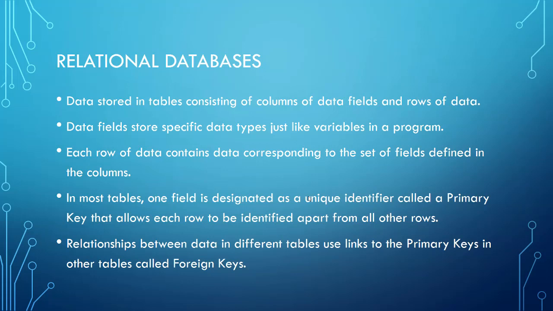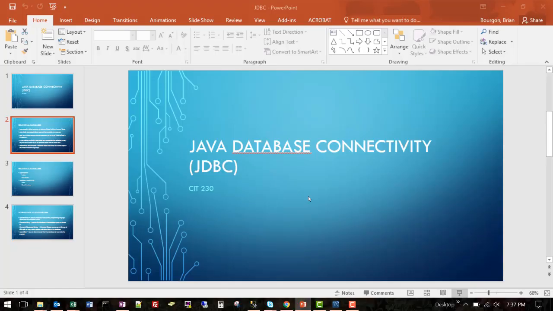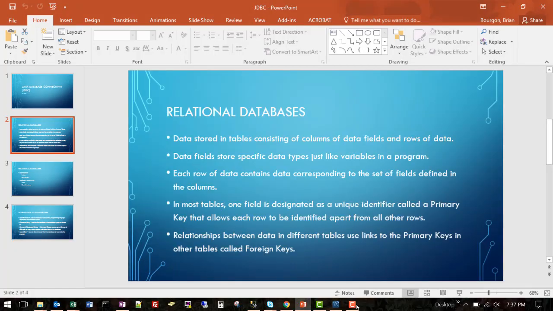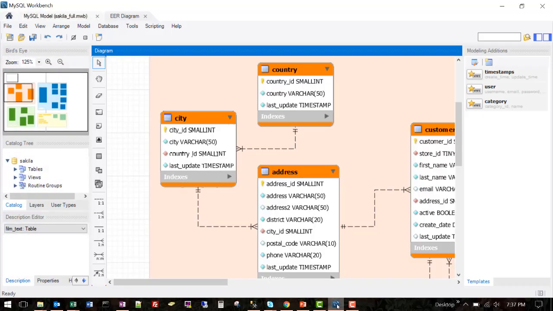Because these explanations may seem difficult just using words, let's look at an example of what a set of data tables in a relational database looks like. In this sample database in MySQL, we have a table called country.